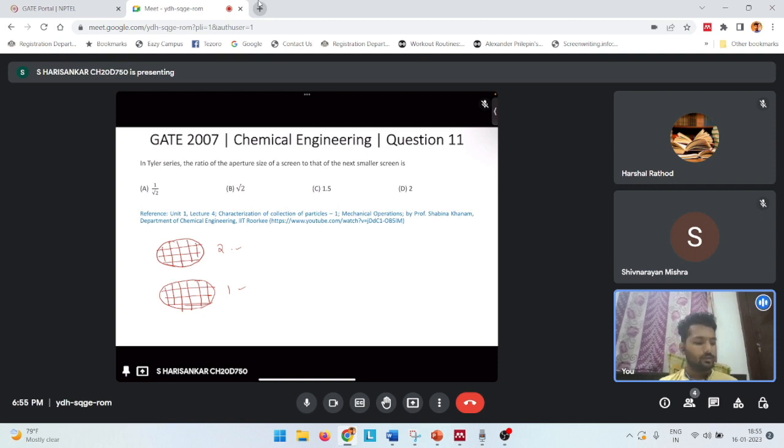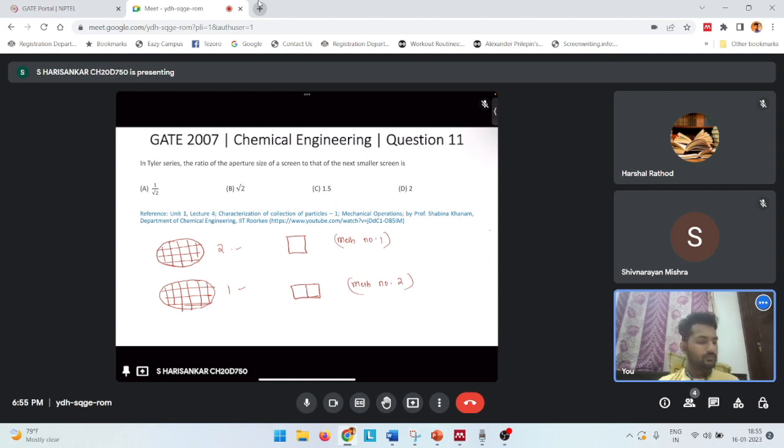Now assume this is the mesh number. Let us say this is mesh number 1, just taking an arbitrary value. So there is only one mesh per square inch, and let us take the smaller one as mesh number 2. So that means in that same 1 square inch we'll have two meshes.